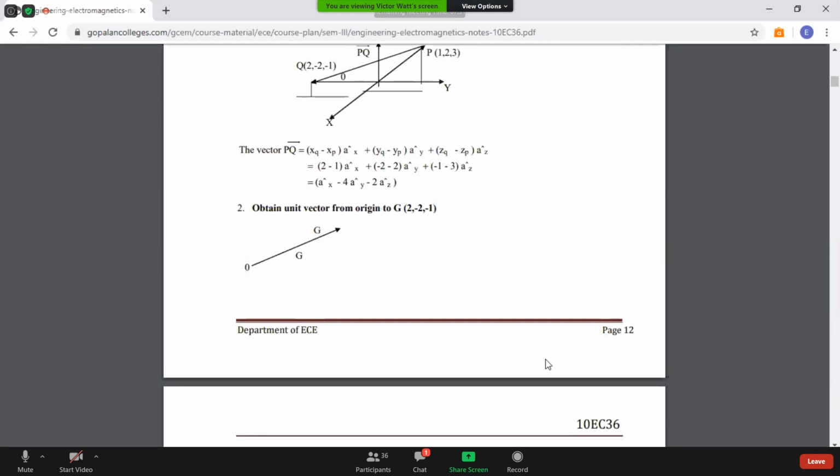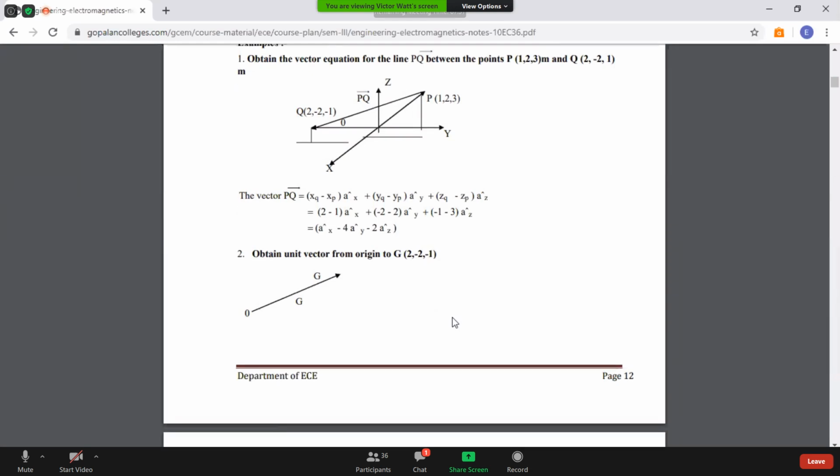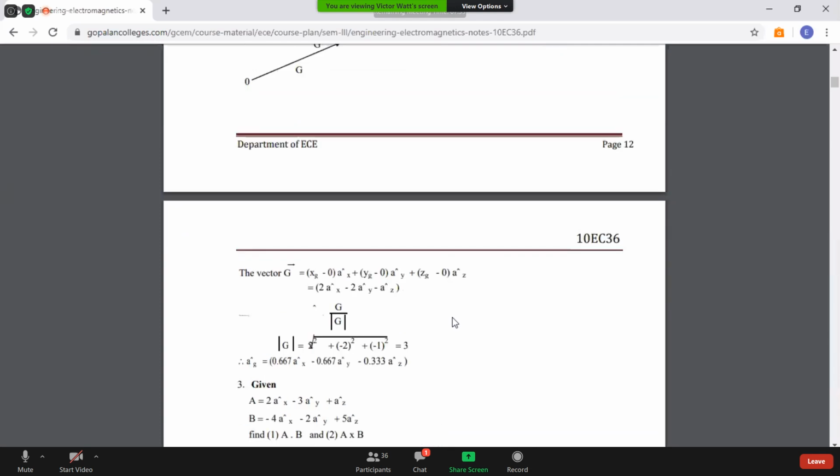Now, this one: given a vector from origin G (2, -2, -1). All this is saying is we are trying to find the magnitude of the vector and the unit vector.